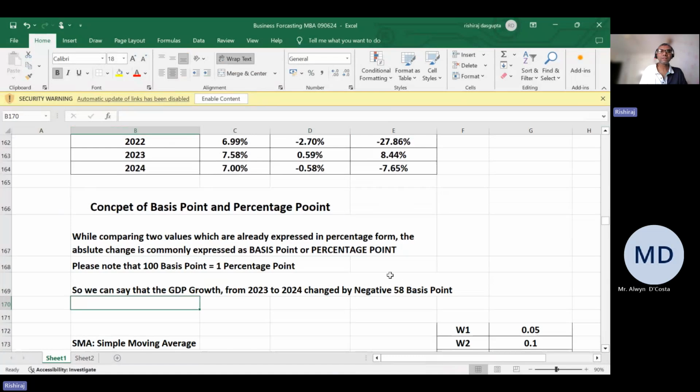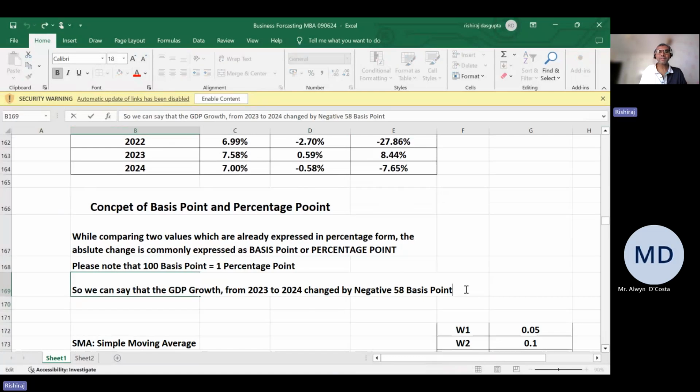That's the way we say it. That is basically minus 0.58% of absolute change.